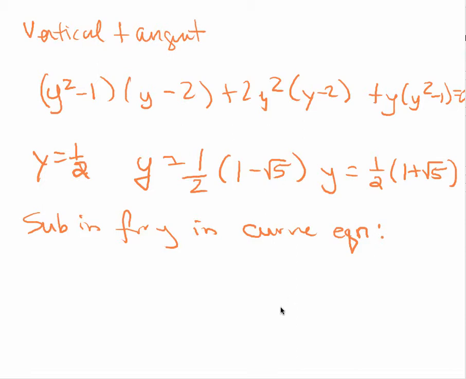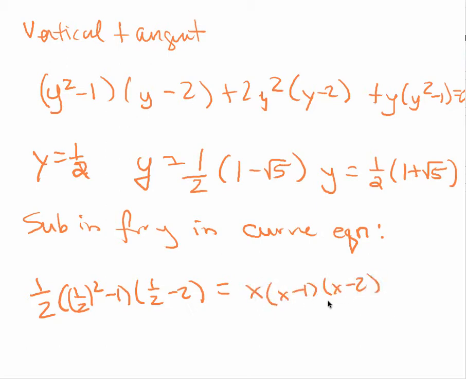And so then we're looking at needing to solve something like, if I just, for example, put in a half for y, we've got a half times 1/2 squared minus 1 times 1/2 minus 2 equals x times x minus 1 times x minus 2.